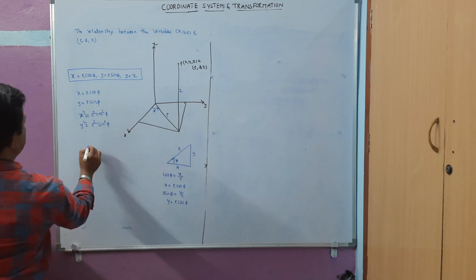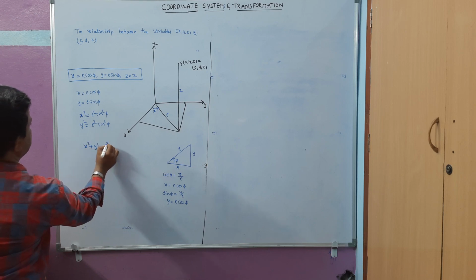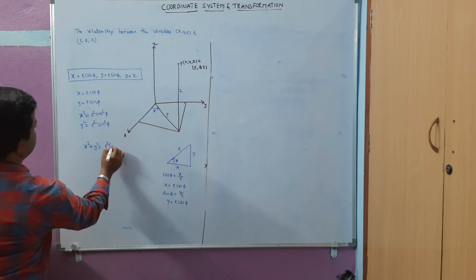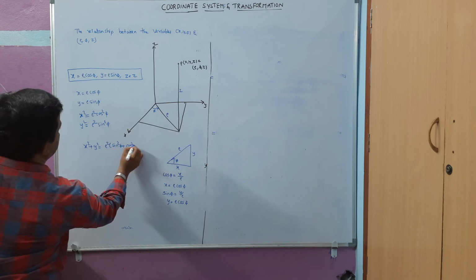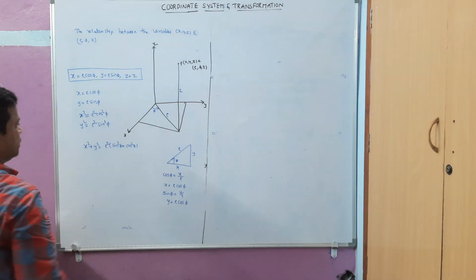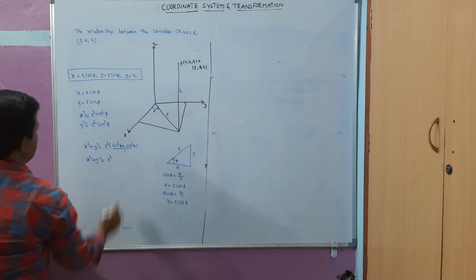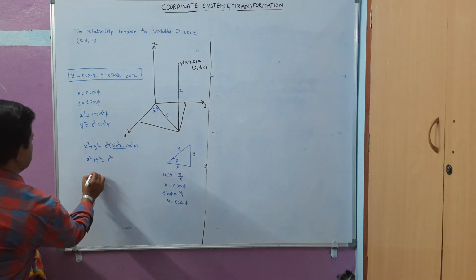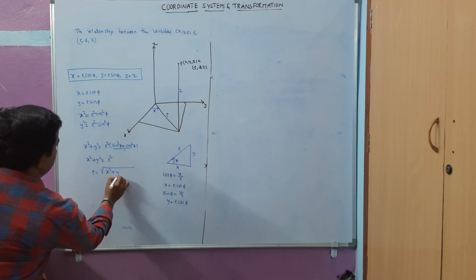If I add these two, what do I get? x square plus y square is equal to rho square into sin square phi plus cos square phi. This will always be 1, so x square plus y square is equal to rho square, and I can get rho like this: rho is equal to the square root of x square plus y square.